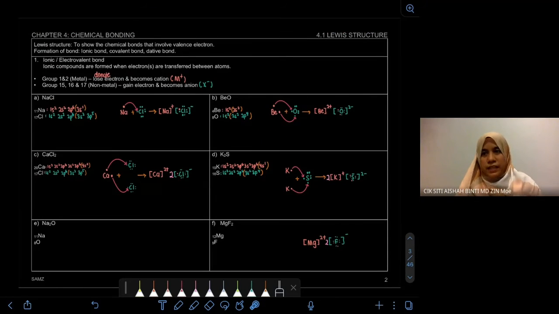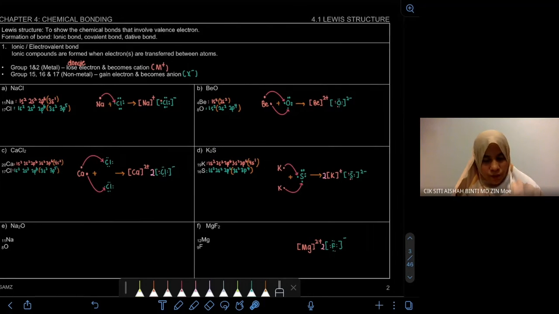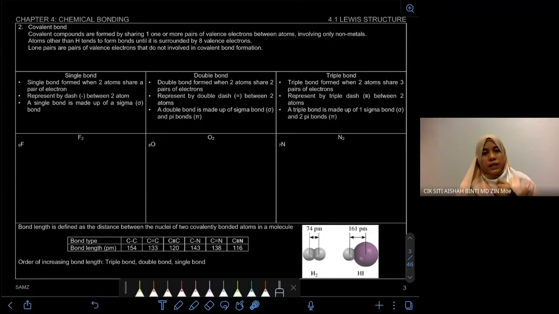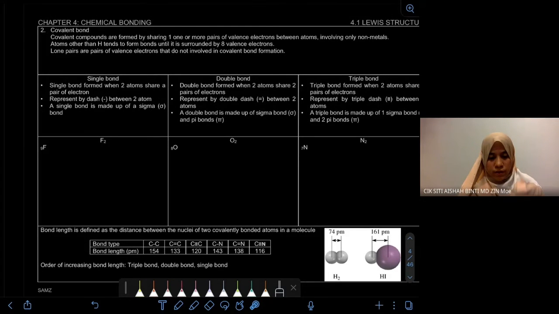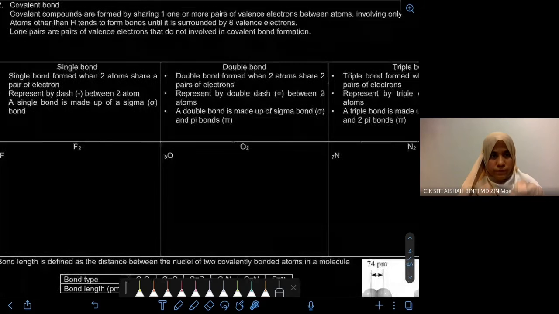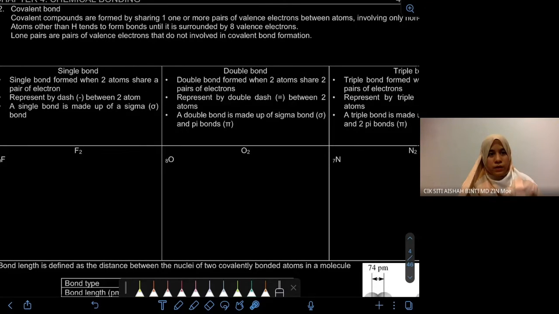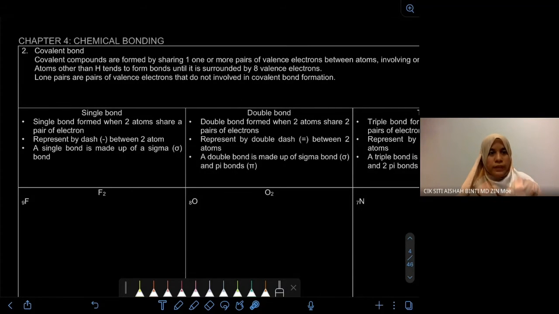Okay, yang ni yang last lah yang kita akan tengok hari ni. Sempat dative. Dative mesti bagi video. Okay, so covalent bond. Okay, so now let's look for covalent bond. Okay, covalent bond, once the atom itself go through covalent bond, dia akan form covalent compound lah.